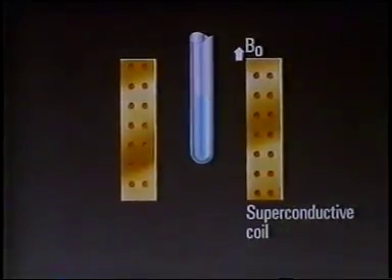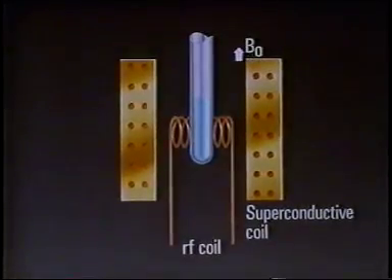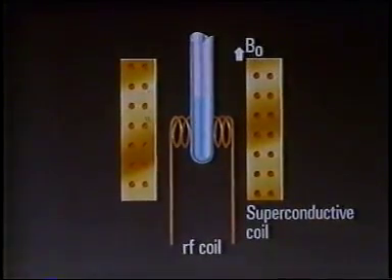Now, we must provide energy to stimulate transitions between the lower energy state and the higher one. The appropriate energy falls in the radio frequency range. In this instrument, we apply a short, powerful pulse that encompasses all the frequencies of interest, and this pulse, lasting just a few microseconds, is applied at right angles to the magnetic field, exciting all nuclei simultaneously.